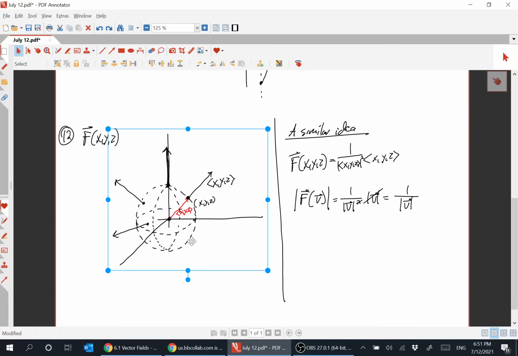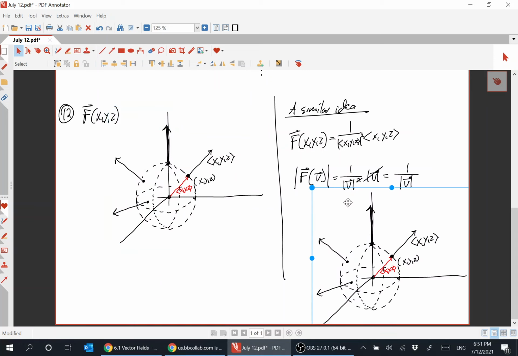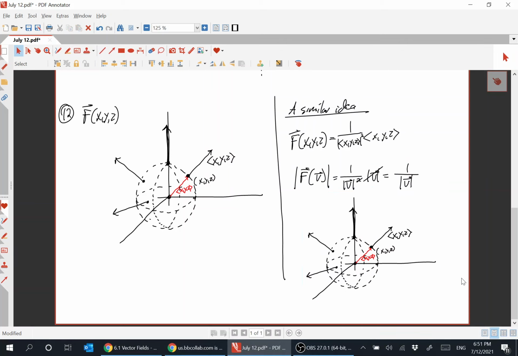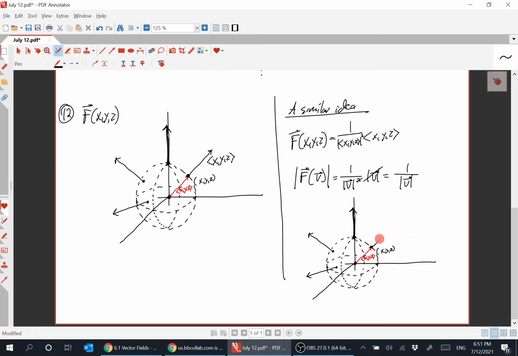So a picture of that would look something like this. The vectors are getting smaller as you go outward.